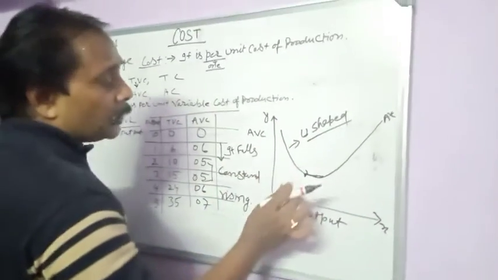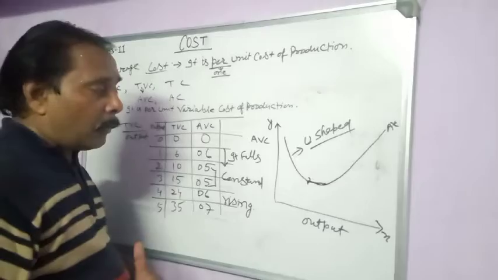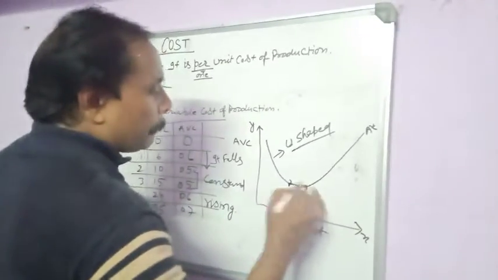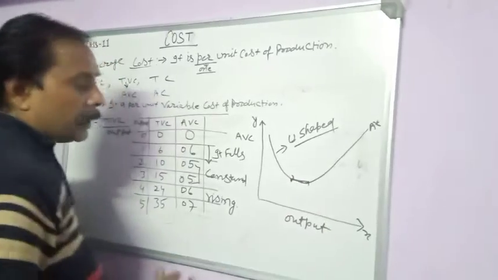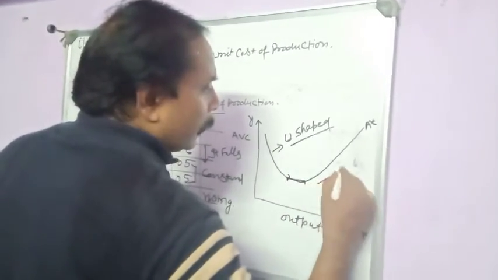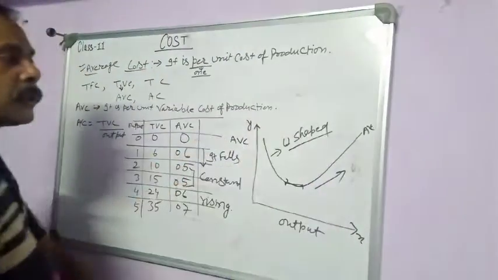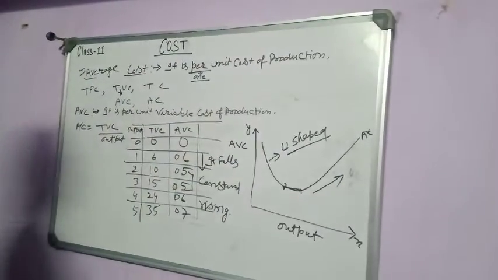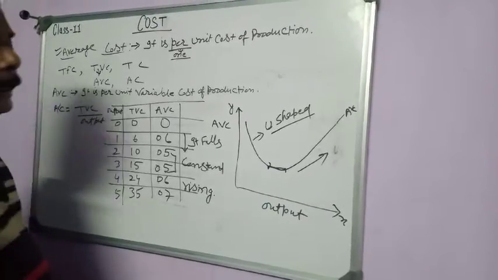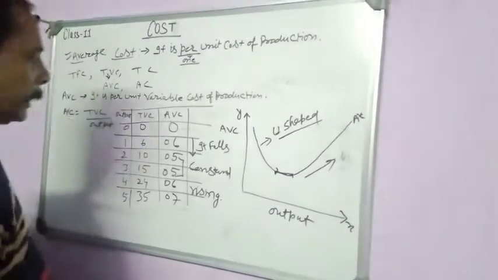It has become constant, which means the law of constant returns applies. And if the law of diminishing returns applies, the average variable cost starts to increase. So in this way it is the shape of AVC, and it is U-shaped.